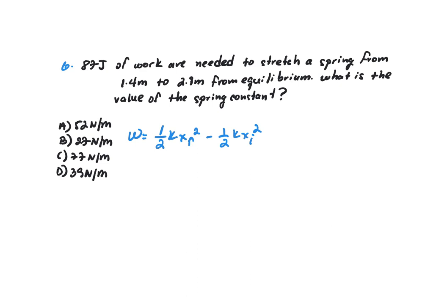So we have 87, which is the work, equals 1/2 of our k value, x final square minus x initial square. So this is 1/2 k.